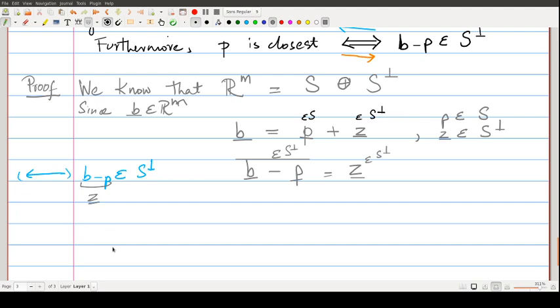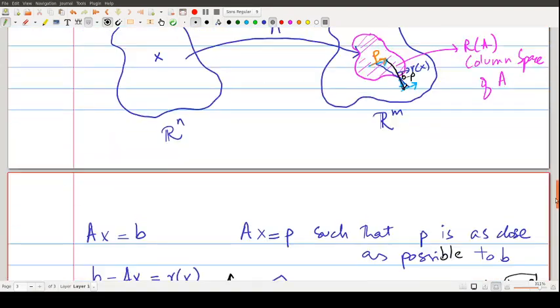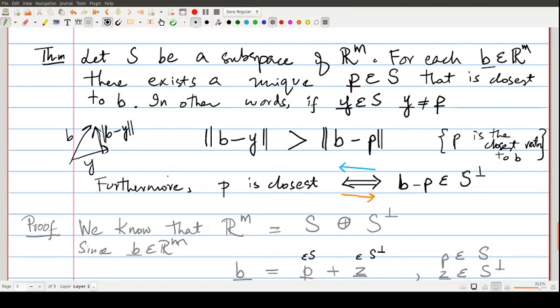This is something that I'm assuming to be true, and now I have to show that if this is true, then P is the closest vector. So this statement needs to be proven, that for any other vector y, the distance will be greater.